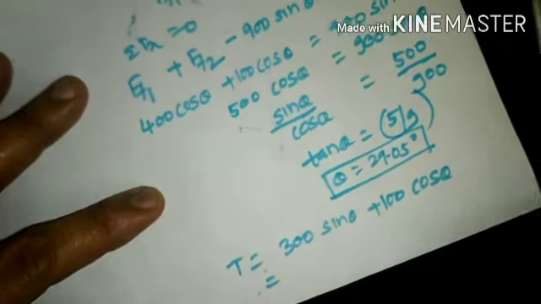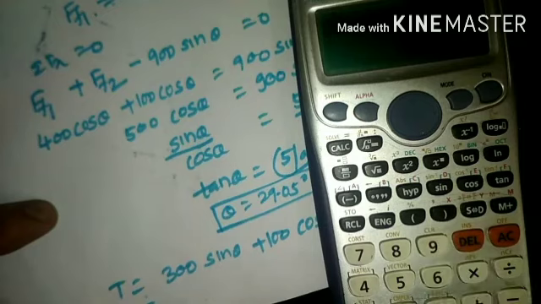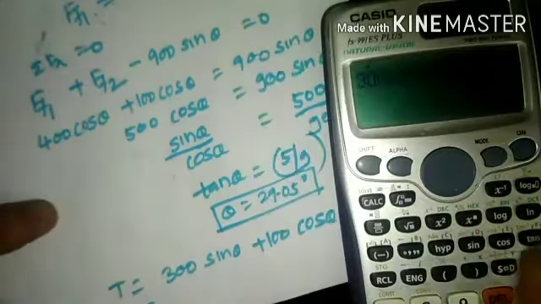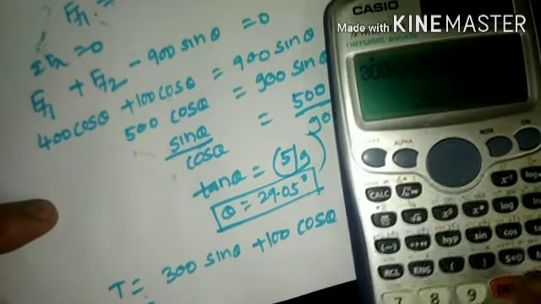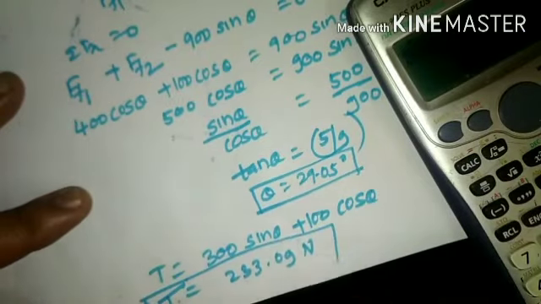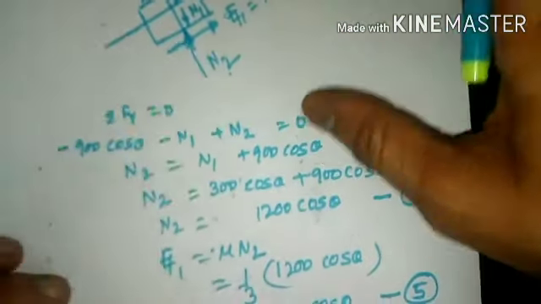So if I substitute this, 300 sin of 29.05 plus 100 cos of 29.05. As a resultant, the T value will be 233.09 Newton. So this is how we are supposed to find it out. The main important thing is to find the inclination theta. So this is how the solution will start.